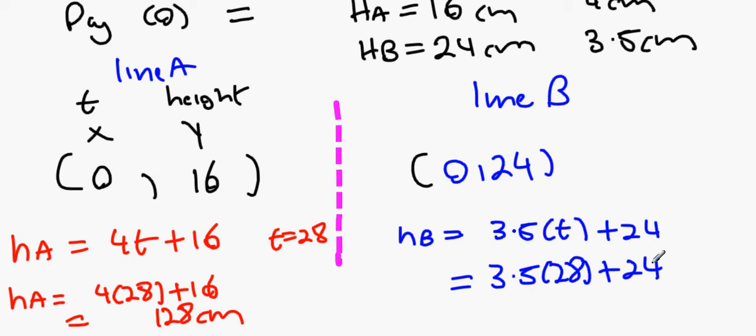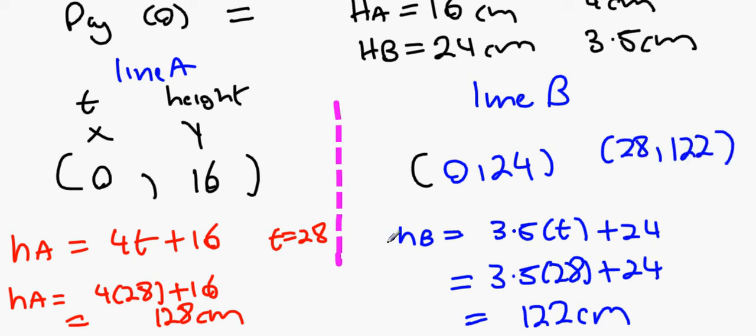Equals 122 centimeters. So it figures out that plant B actually comes out shorter than plant A. So that's going to be 28, 2 more points. Okay, it's going to be 28 and 122. And the next point is going to be over here, which is going to be 28, 128.